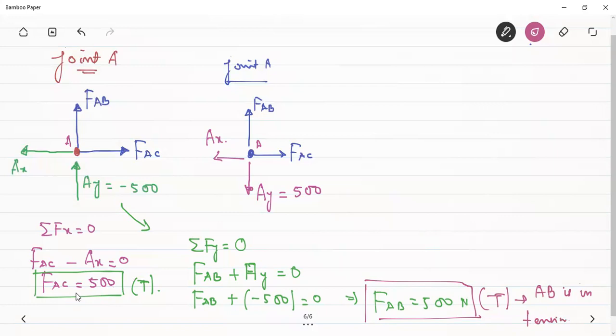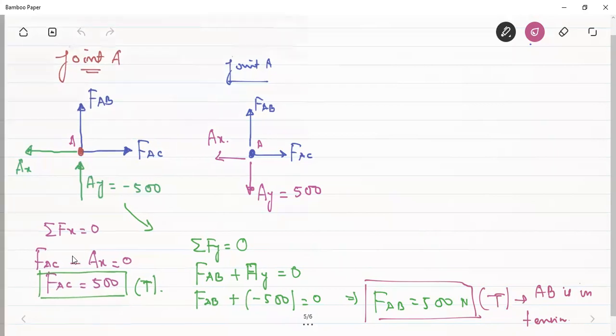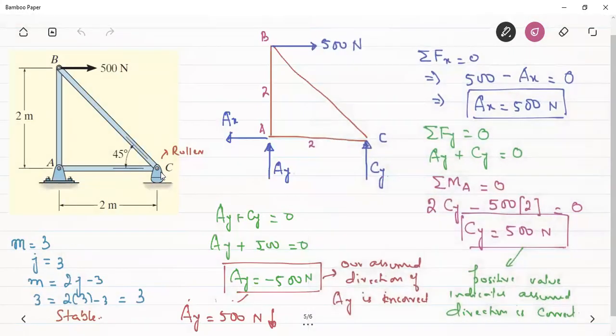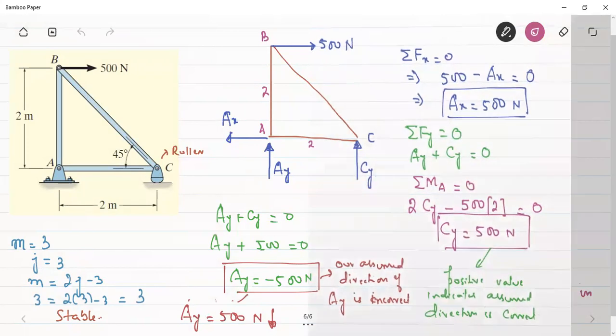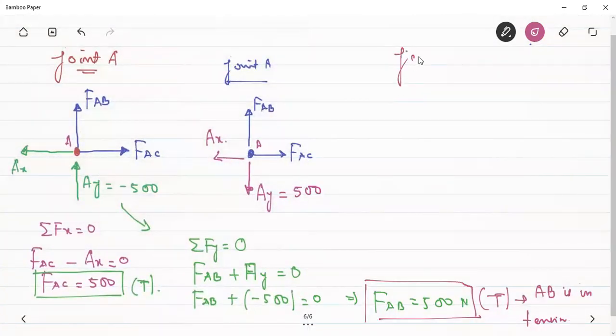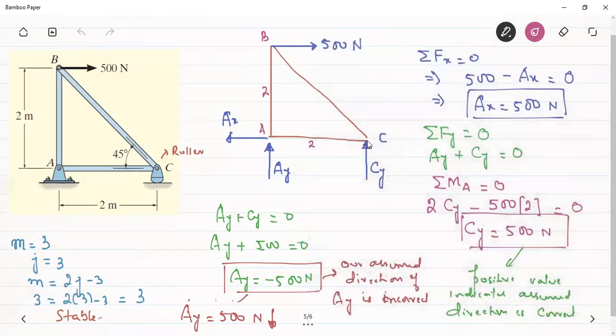We have found FAC, we have found FAB. Now we are only left with FBC. We can use either joint B or C, because at joint B we have only one unknown, that is BC, and at joint C we also have only one unknown, that is BC, because AB and AC we have found out. Let's take an example of joint C. If this is joint C, then CY is acting in the upward direction.